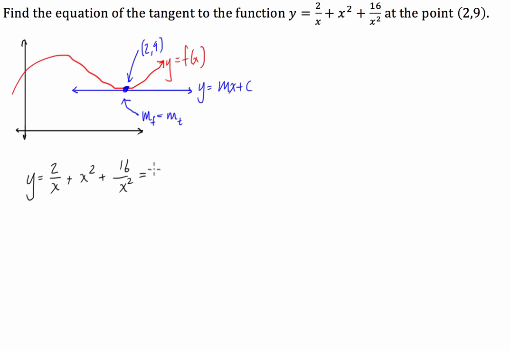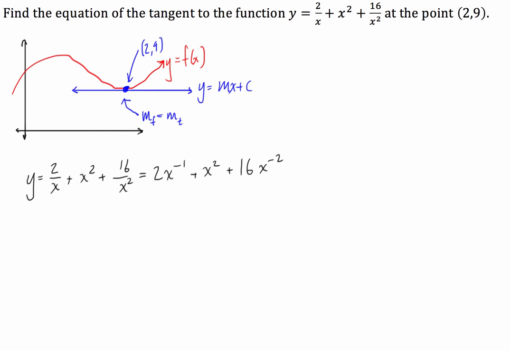So I then will rewrite this function like this: 2x to the negative 1 plus x squared plus 16x to the negative 2. Now, this is a lot easier for me to differentiate than that is without making a mistake. Yes, it's a little bit more work, but it's easier to differentiate.